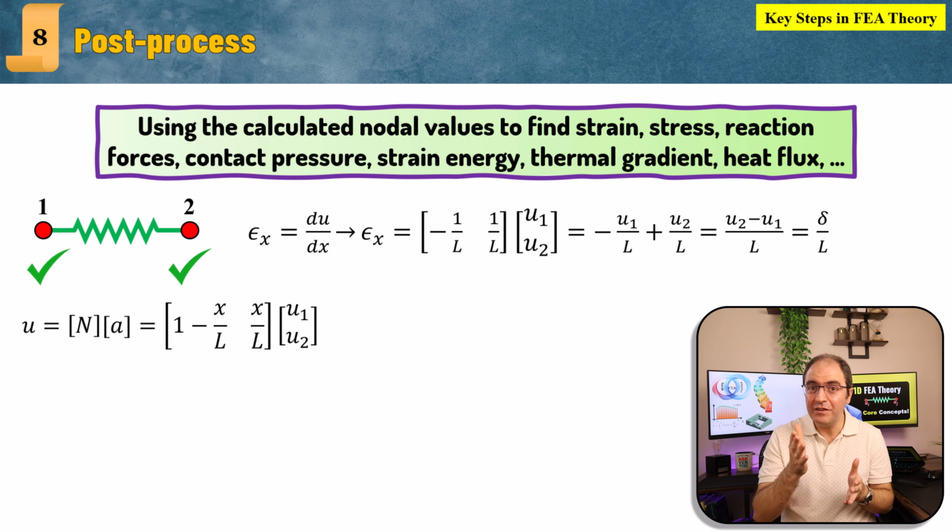And if this matrix form is converted to an equation, we have negative u1 over L plus u2 over L, or u2 minus u1 over L, which is delta over L. So clean and elegant. This is the axial strain in our one-dimensional spring element.